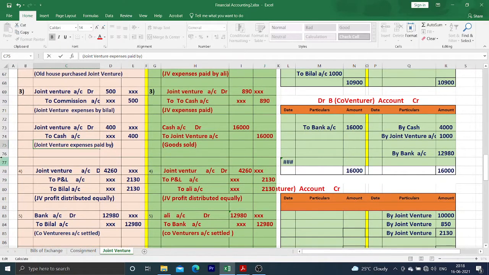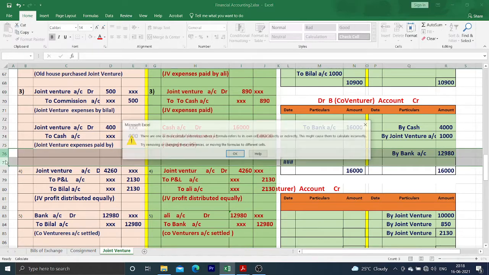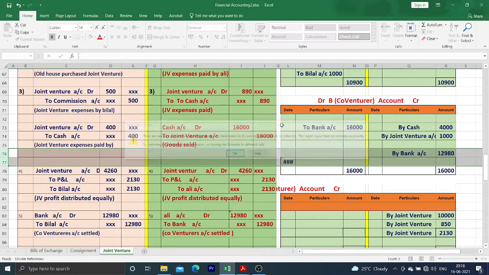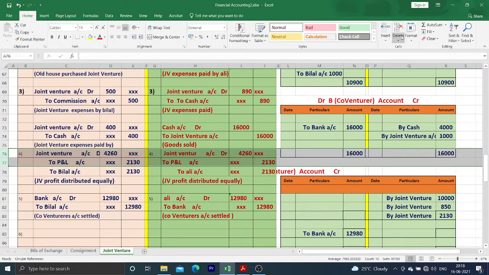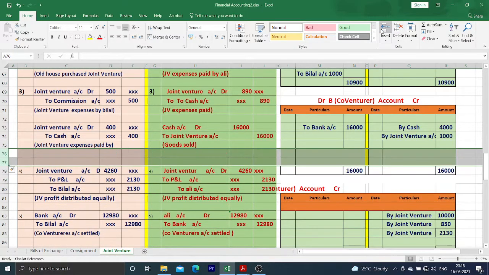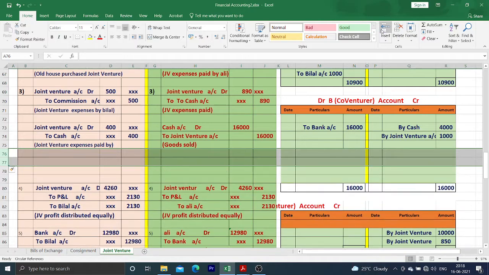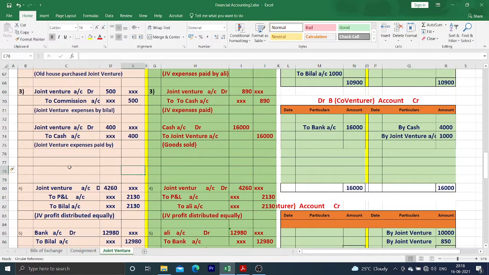Sales: cash account debit to joint venture account.